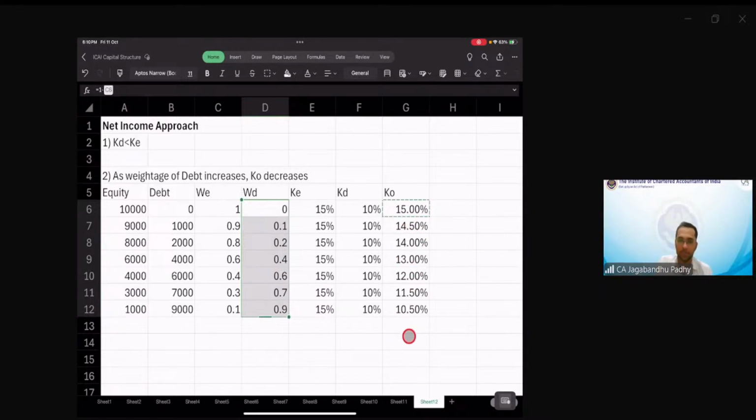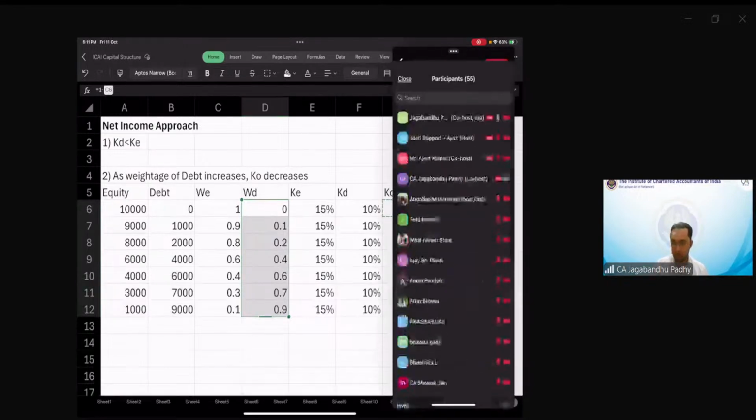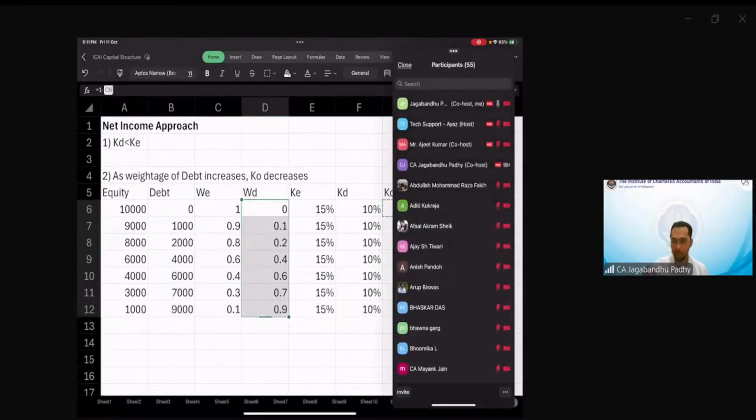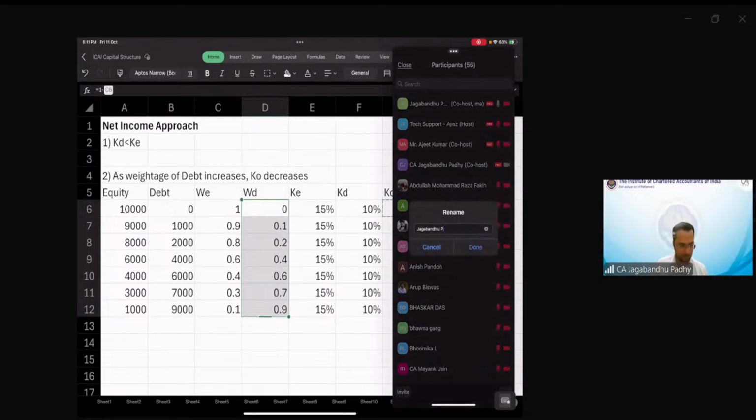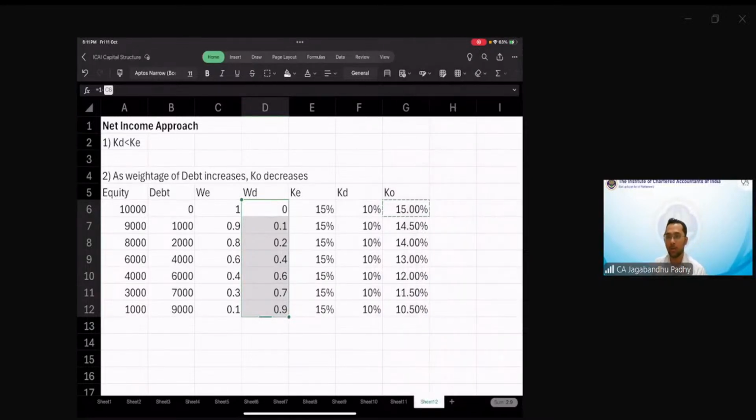Just check it. Half a minute time to you. Just check. How do you calculate KO?